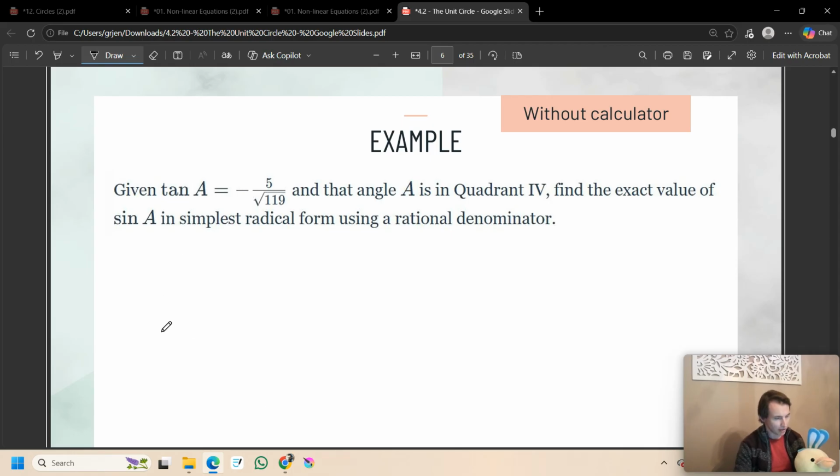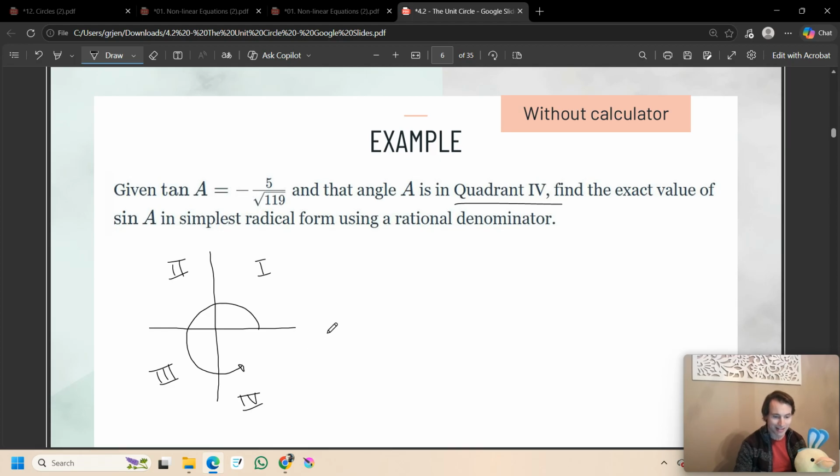So draw your diagram. We're told that we have angle A in quadrant 4, so we're going to draw our x-axis and our y-axis, and put it somewhere in quadrant 4, because these are 1, 2, 3, 4. Just to review.